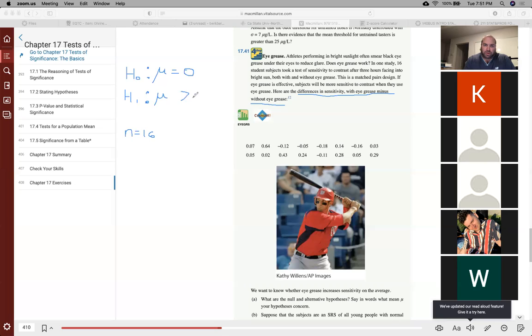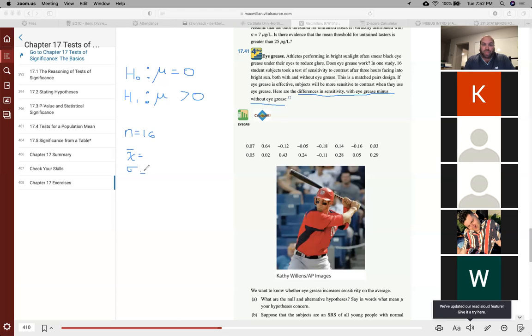Greater than 0. That's the null and alternative hypotheses. So we take an actual sample, and we compute our sample mean.